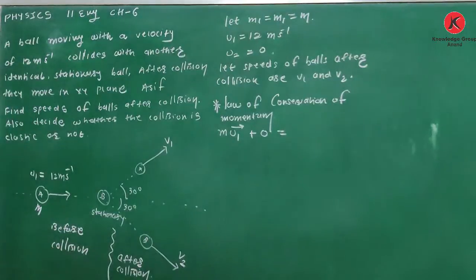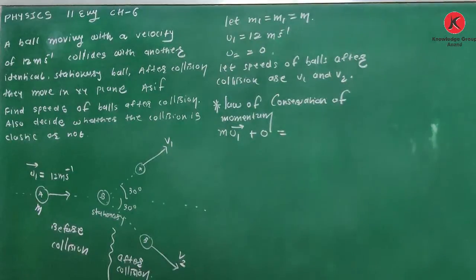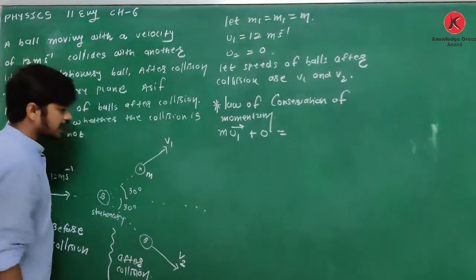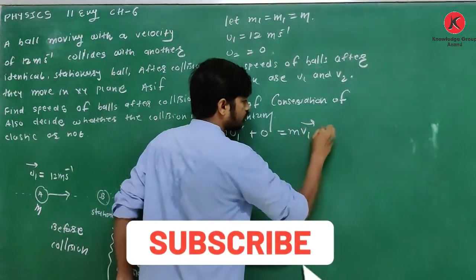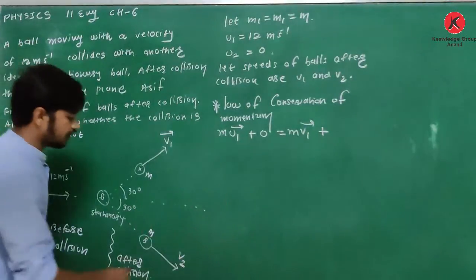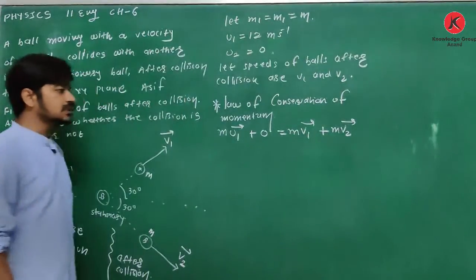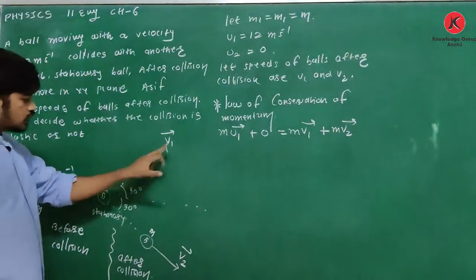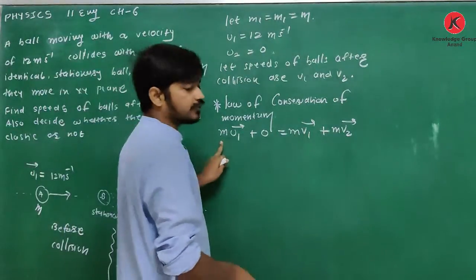This is equal to, after collision, object A with mass m moving with velocity v1, so its momentum is m v1, plus ball B having mass m moving with velocity v2 in this direction, so m v2. So the equation is m u1 plus 0 is equal to m v1 plus m v2. Now we will take components of this equation.